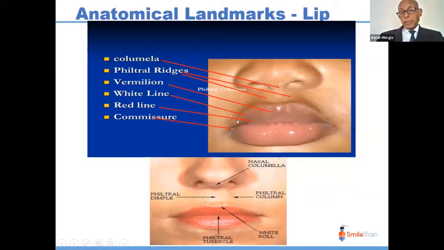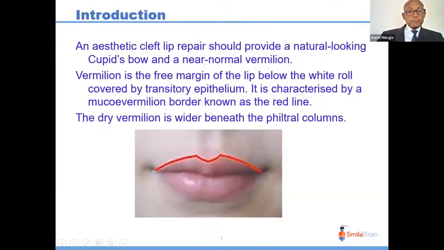I won't go into detail on the anatomy, as most of you are familiar with it, but respecting especially the Cupid's bow is very important. And fullness in the vermilion is also very important, especially on lips which are fuller than some lips which are less full. So my discussion will go through this.